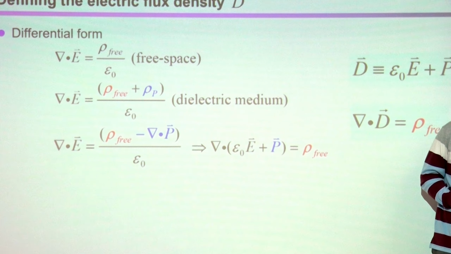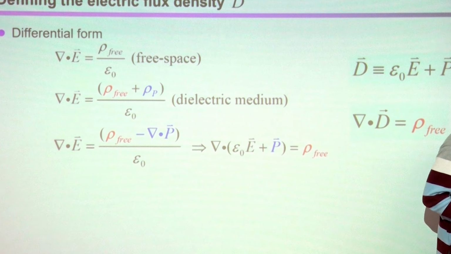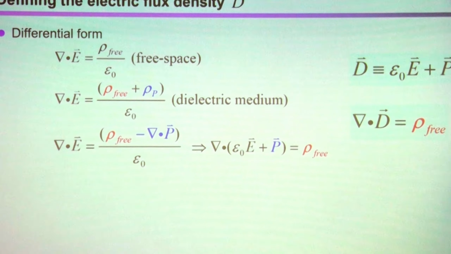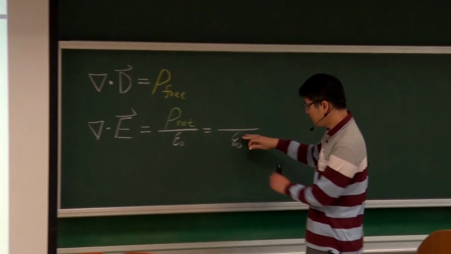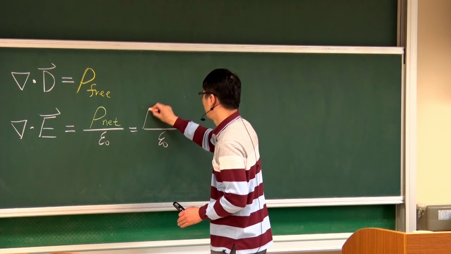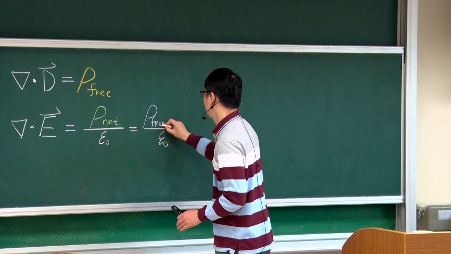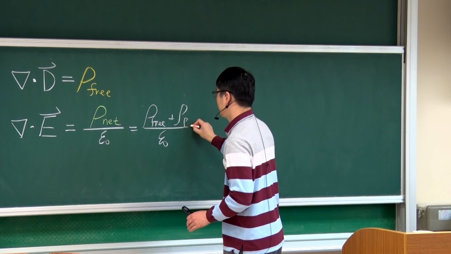When I was a student, I looked at this definition, and if I don't care about epsilon 0, rho free plus rho p, right?